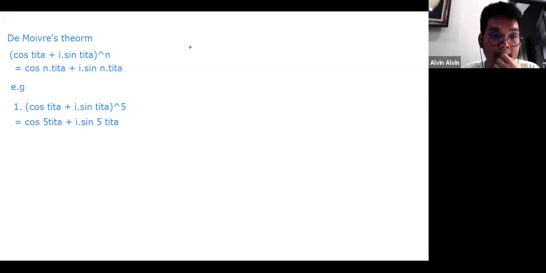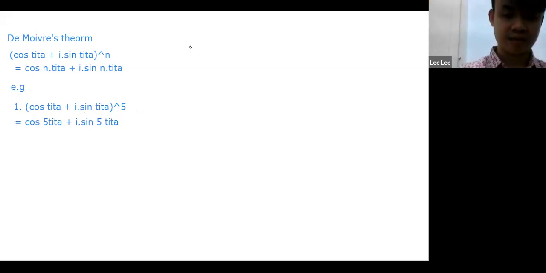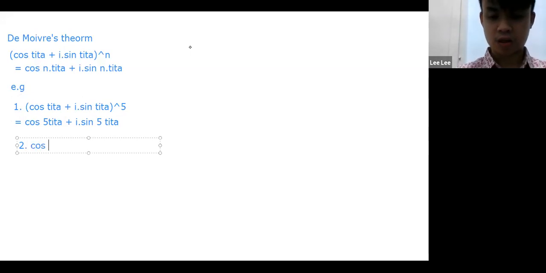Second example: we have (cos pi over 6 plus i times sin pi over 6) to the power of 3. So this will be cos pi over 2 plus i times sin pi over 2. You understand? Any questions so far? But why is it like that? You have to derive it through induction.